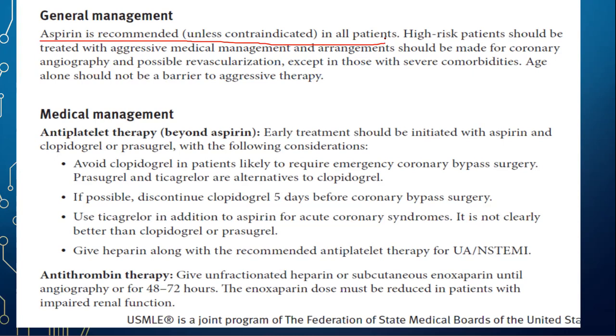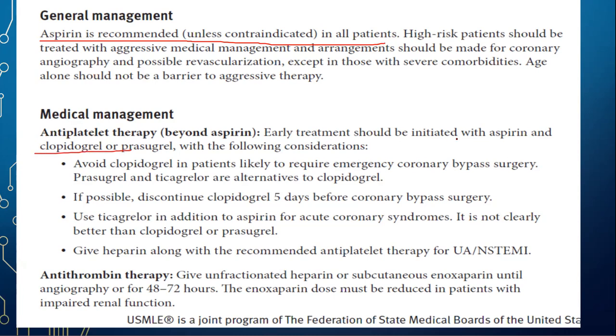And when you do ETT or any of those stress tests, if they show reversible ischemia, you should go for angiogram. And if angiogram shows more than 70% stenosis, then you go for either bypass or stenting. That's mainly the management. Some of the patients should also be started on clopidogrel.